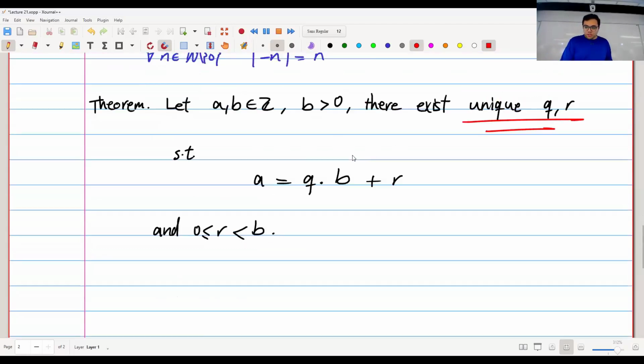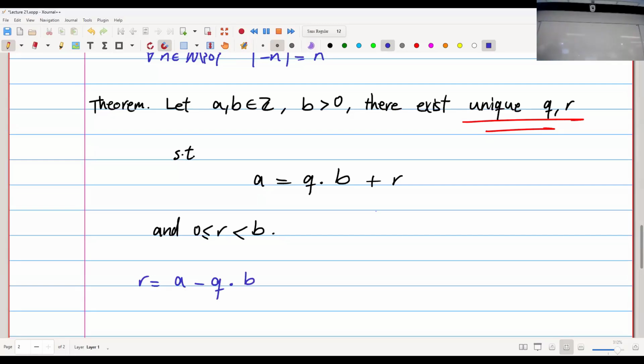Okay. So let's forget about the uniqueness first. Let's prove that we can do this. Let's prove that there is a solution. Why is that hard? Because I want my remainder to be smaller than b. Okay. So how do I find a solution to this? Well, I can rewrite this, right? So I can say, what is my r? My r is basically a minus qb.